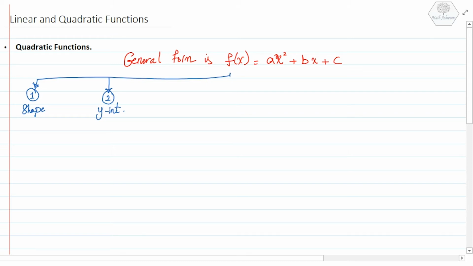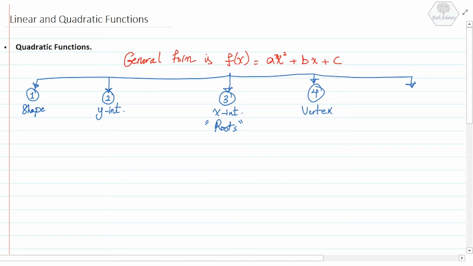The third thing that we have to know is the x-intercepts, which we call the roots. The fourth thing we have to know is the vertex. And the fifth thing we have to know is the equation of the axis of symmetry.